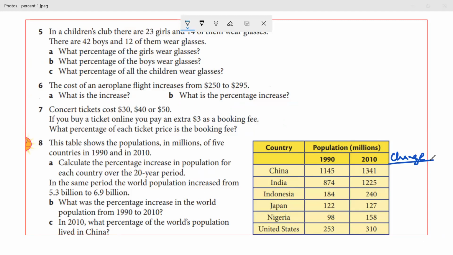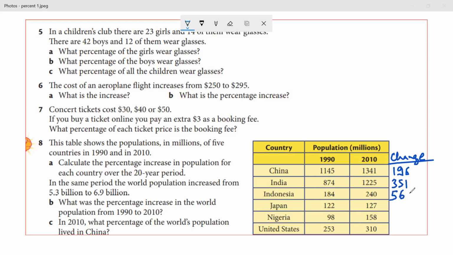Yes, sir. So I can calculate 1341 minus 1145, 196. Then I can calculate 1225 minus 874, 351. I can calculate 240 minus 184. This would be 56.